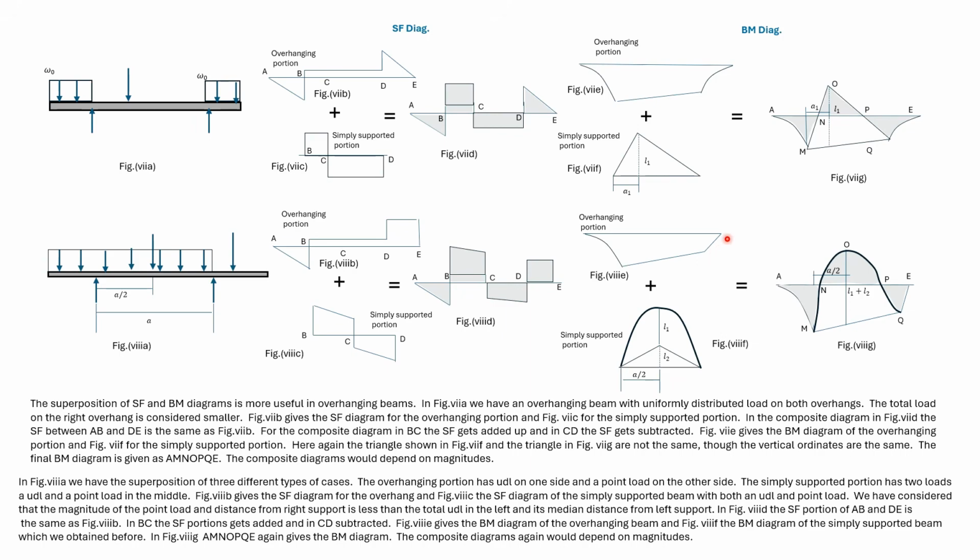You notice that this portion has a linear variation, while this portion has a quadratic variation. That is because of the point load here. For the simply supported beam or the loading configuration, we found earlier that this was the bending moment diagram. Here we have formed the composite diagram by putting together these two diagrams.